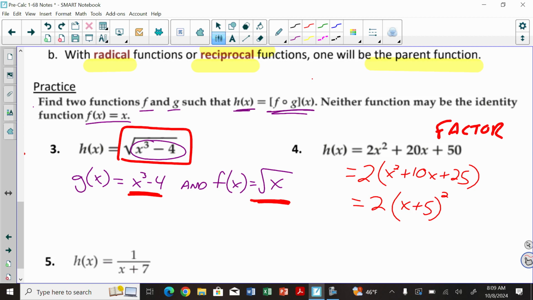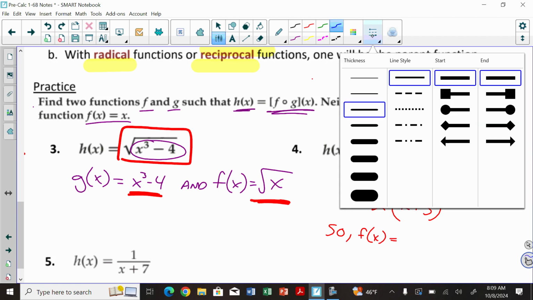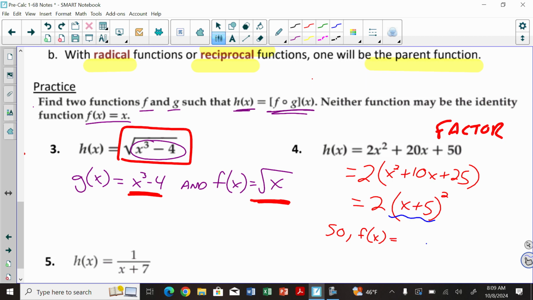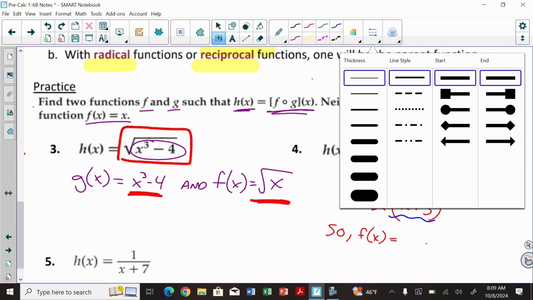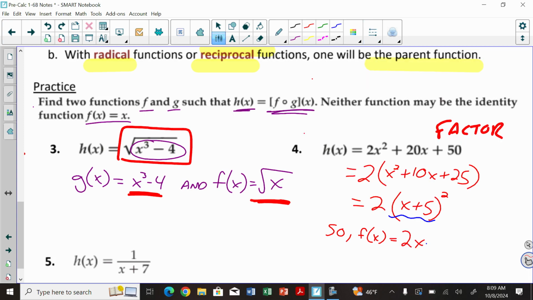And so now, if I look at breaking this up, if I have f of x equals, let's say, again, I'm trying to plug something in, right? So if I said f of x was 2x squared, and g of x is equal to x plus 5, then that would do it, right?